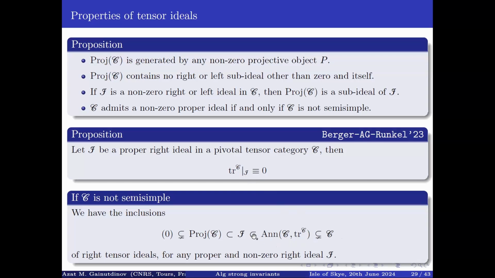It contains every other ideal. But in between, there is lots of interesting stuff happening. Typically, you have a continuum of distinguished tensor ideals, and these intermediate guys I call intermediate tensor ideals, and they will play an important role.